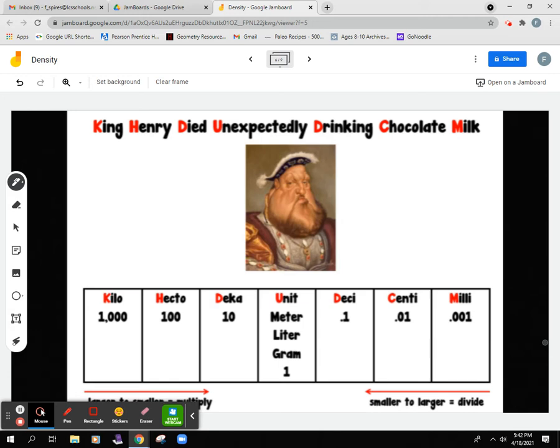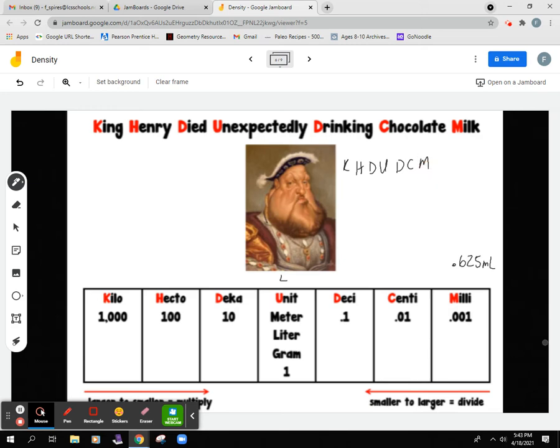I really love this because if, for example, I was given 0.625 milliliters and I was asked to convert it to liters, on a test I would just write out King Henry died unexpectedly drinking chocolate milk and drop out the letters.